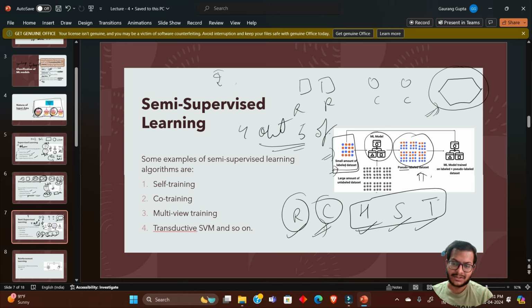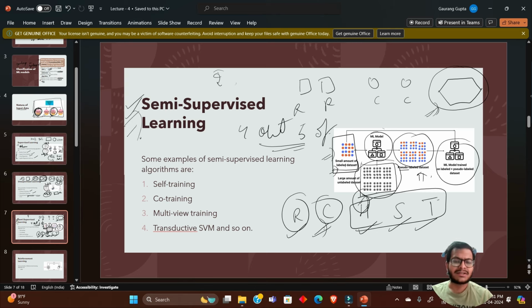Then they have millions of records, or terabytes of data, which is unlabeled, and they use this machine learning model to label this data so that it can be used in further models. So that's its application, that it is used to label unlabeled data. That's what semi-supervised learning does.